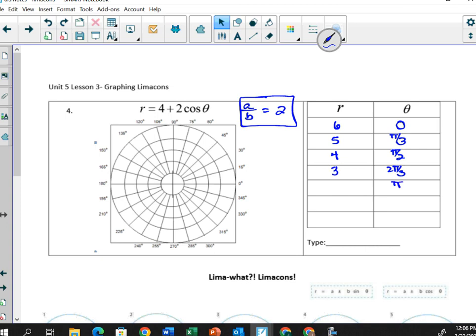Pi: 2. 4 pi over 3: we got stuck. What's 3? 3 pi over 2: 4. And then squeeze in 5 pi over 3: 5. We see the pattern, right?